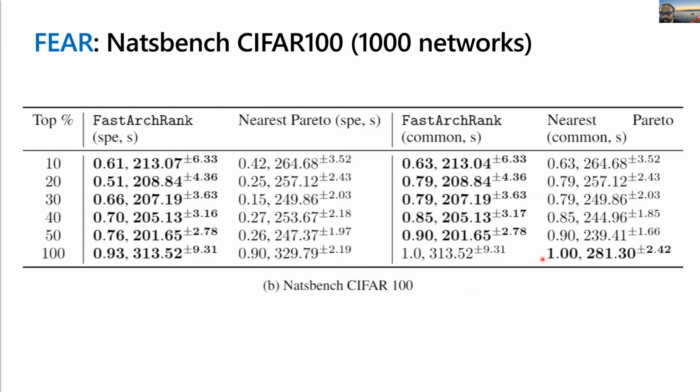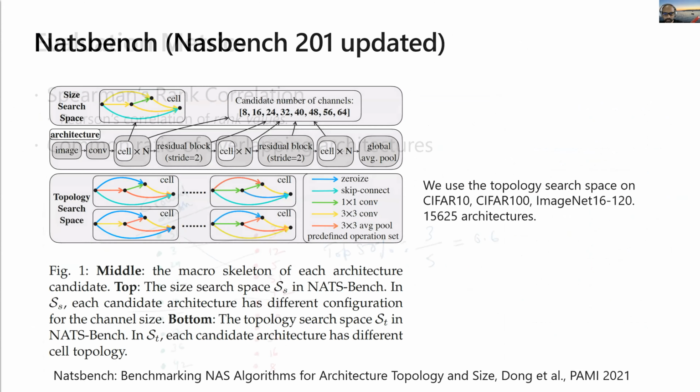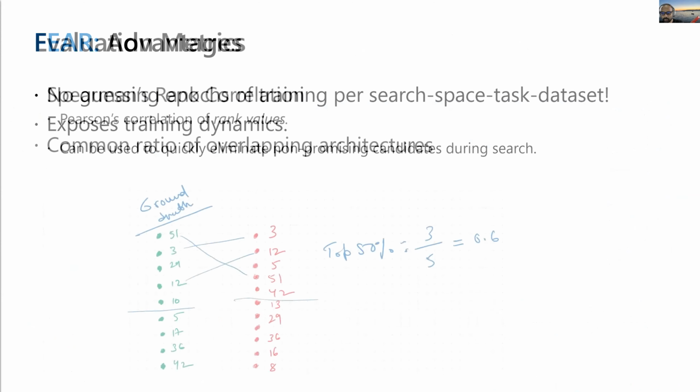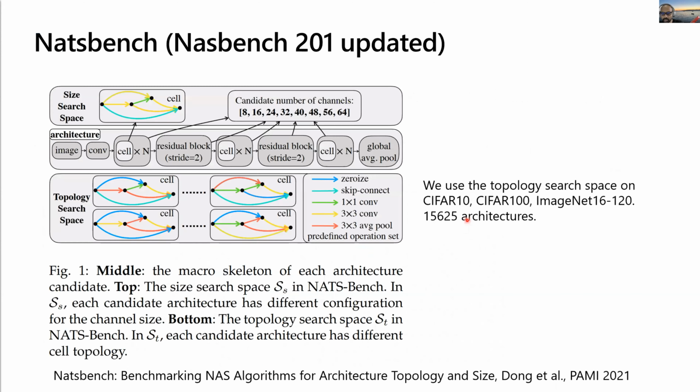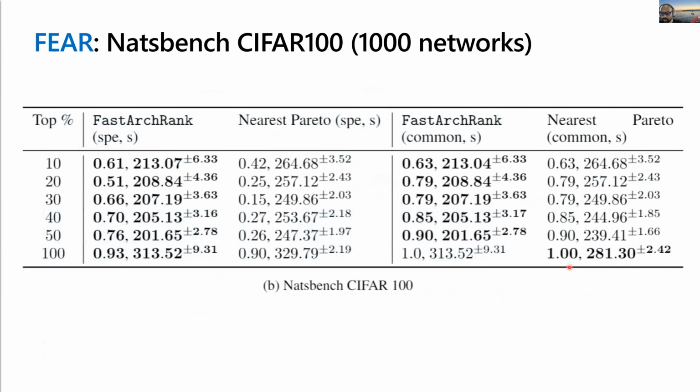Because of this phenomenon that I just showed you before, of weak architectures taking longer, by definition FEAR should take longer to rank architectures as you include all of the architectures, the good and the bad ones, compared to bins which are only over the high performing ones, because they tend to reach the threshold very quickly.